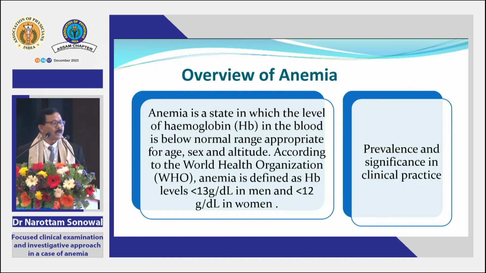Overview: anemia is a state in which the level of hemoglobin is below the normal range appropriate for age, sex and altitude. According to the World Health Organization, anemia is defined as a hemoglobin level less than 13 gram per deciliter in case of men and 12 gram per deciliter in case of women.